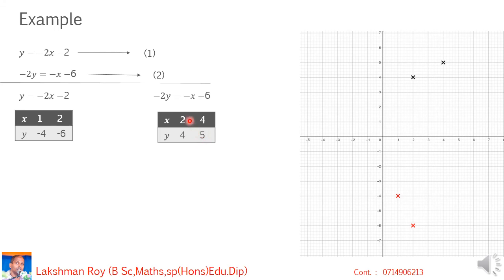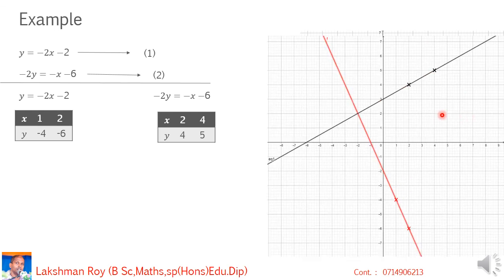See, x coordinate is 2, y coordinate is 4. Then the second point, x coordinate 4, y coordinate 5. So x coordinate is 4 here, then you can go up, this is the y coordinate, right? These are the two points, then I join them.